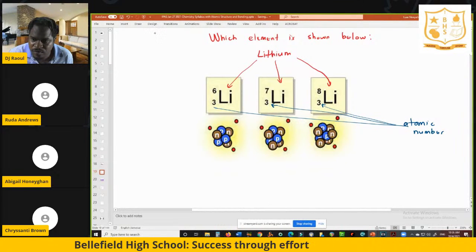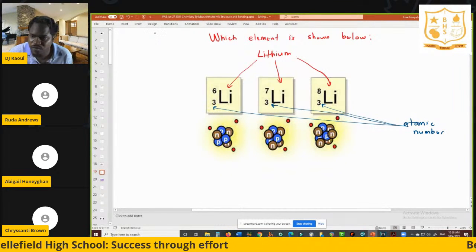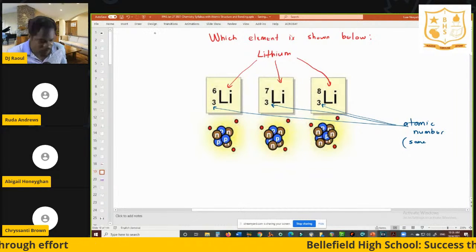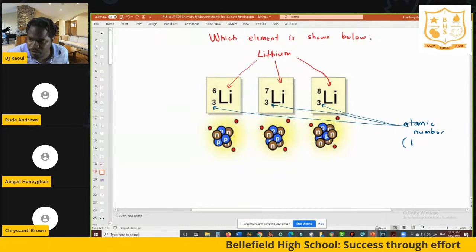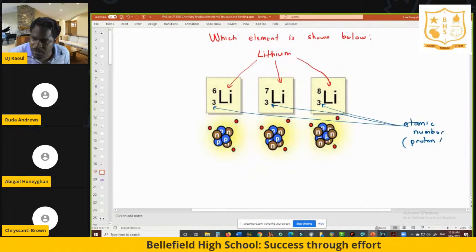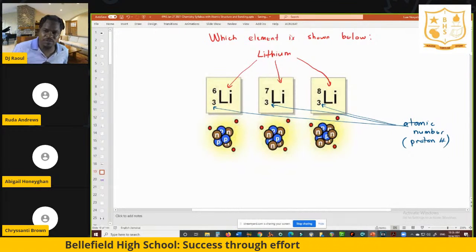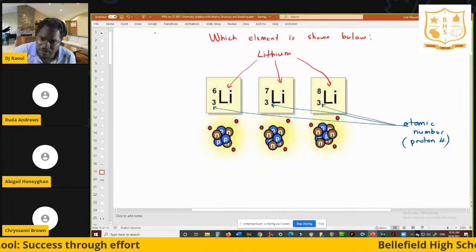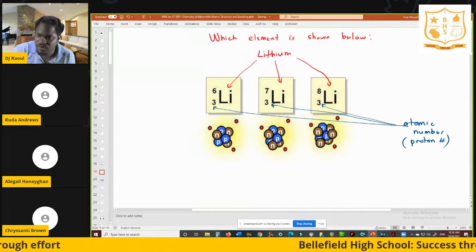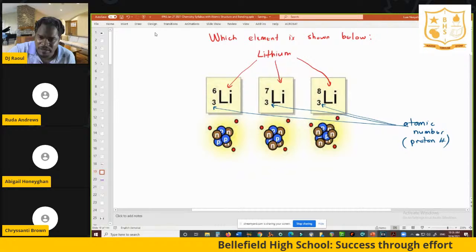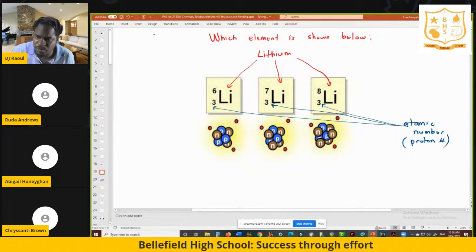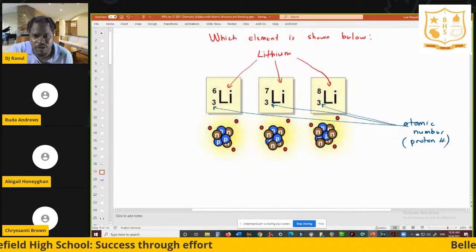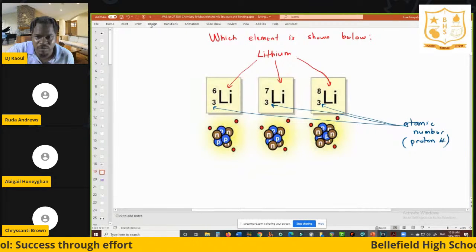The number of protons in an atom. So the proton number is indeed the same. All right, so this is it now, guys. We have lithium, the symbol Li, and the 3 represents the proton number. So the question now is, what do the top numbers mean? Why are the top numbers different?